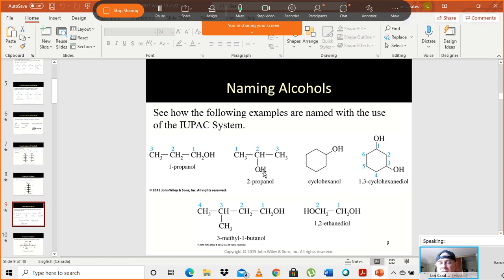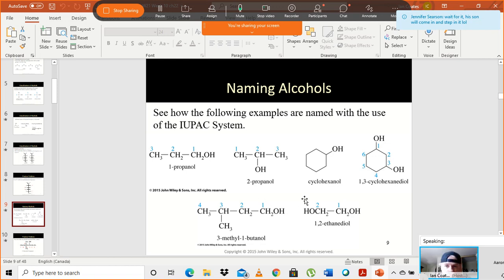Okay? And you see here, this is not just propanol. You have to tell me where it is, because is it on the 1 carbon? In this case here, we can have a propanol on the 2 carbon. All right? Now, is there a 3-propanol? No. It just turns into 1-propanol.